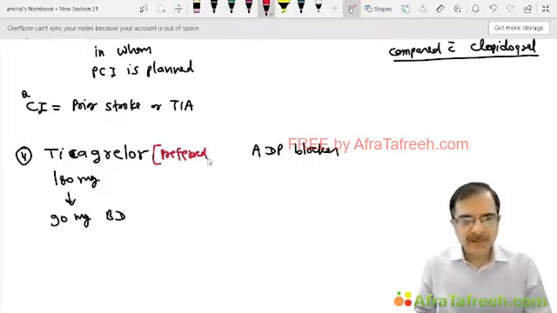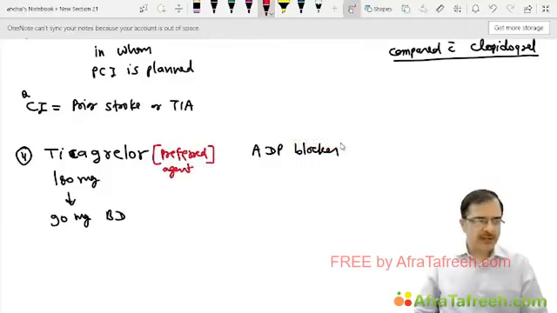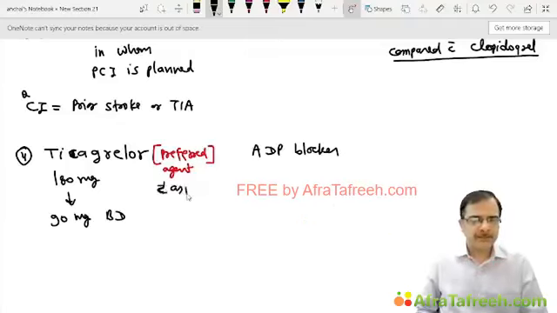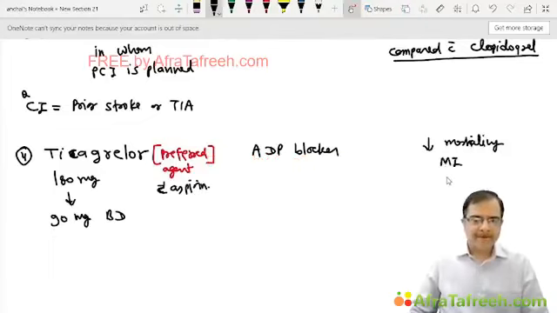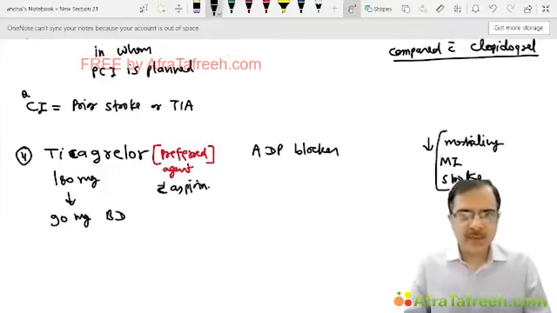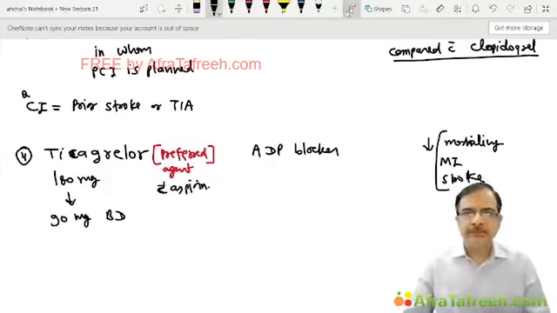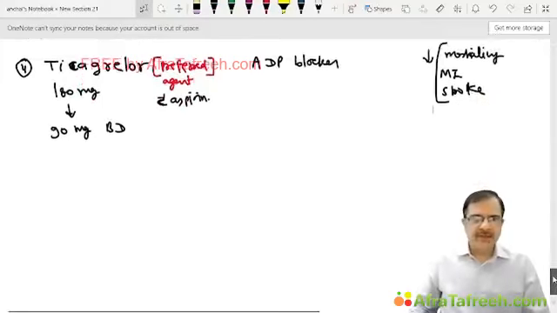Cost factor is one thing, but it is a preferred agent along with aspirin. Again, it decreases the mortality, MI, and stroke.